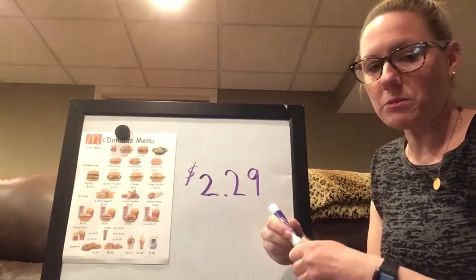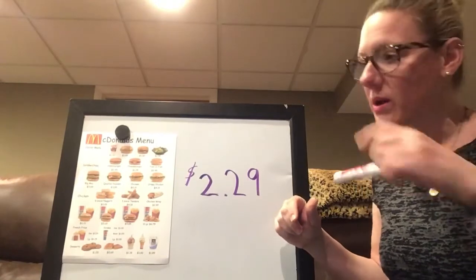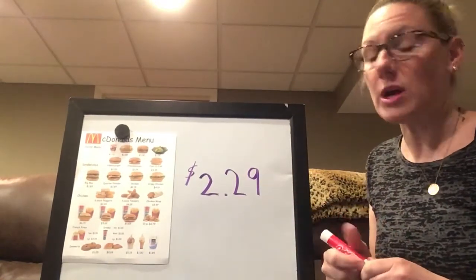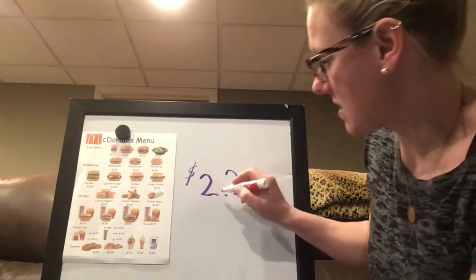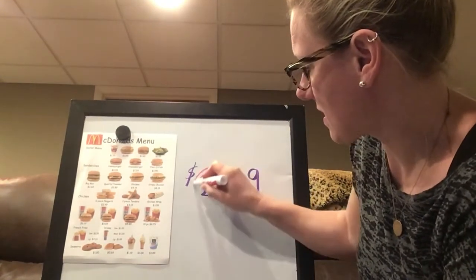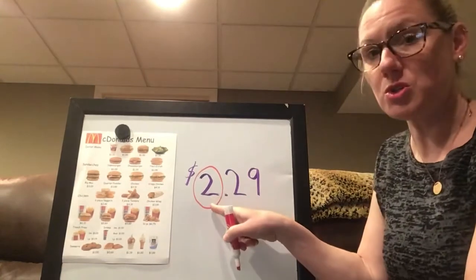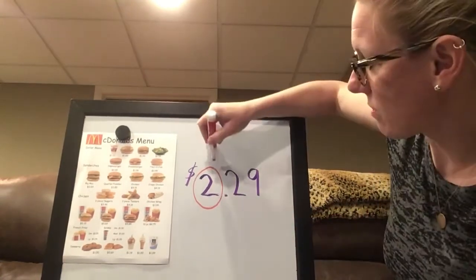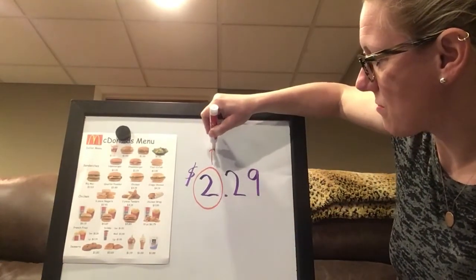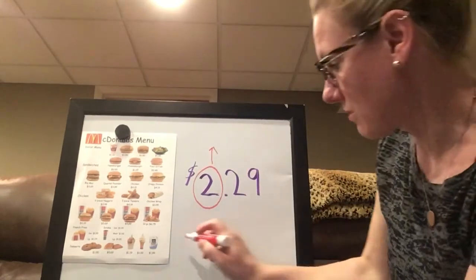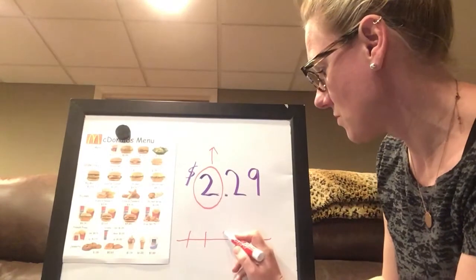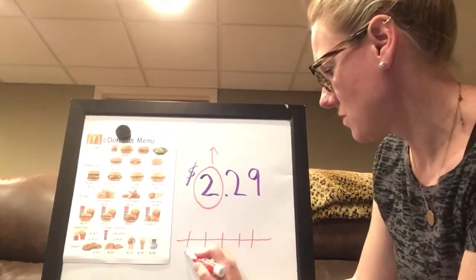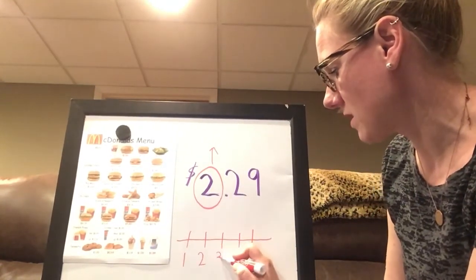You can remember from the first example, the most important part is to find that dollar amount. And I know that to the left of the decimal is the dollar amount. And I can see that amount is 2. And now we want to go up one more dollar. If you were to look at a number line, this is just another way of looking at it.